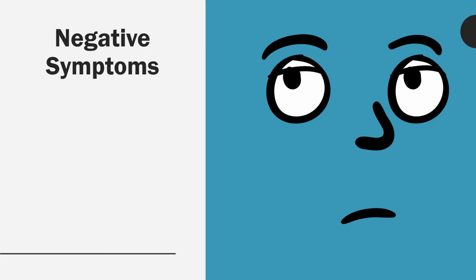Okay, so now we're looking at negative symptoms. We've originally looked at the positive ones, the ones that you would expect to see with a psychotic disorder, but now we're looking at negative symptoms. These are ones more associated with schizophrenia than the other forms of psychotic disorder. There are two specific ones, that being diminished emotional expression, and there's a few others, but that's one of the primaries.